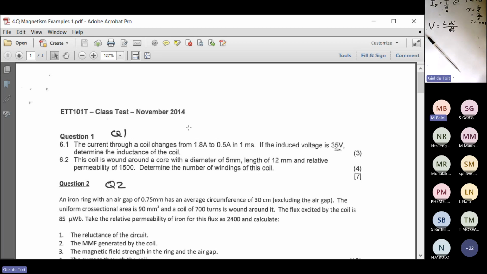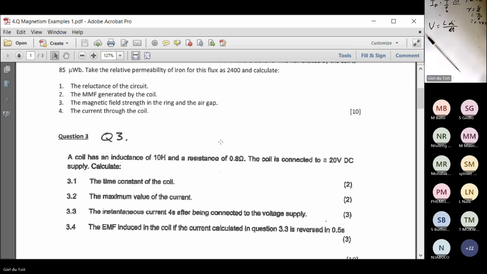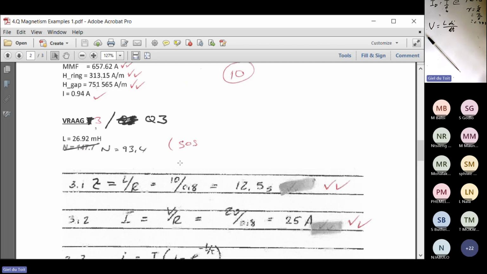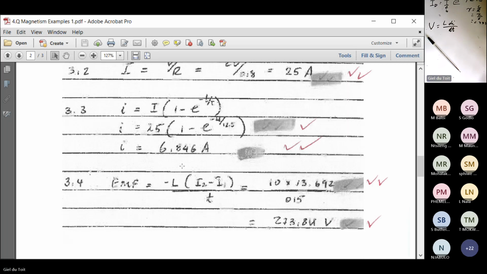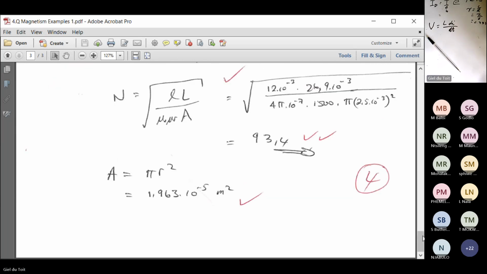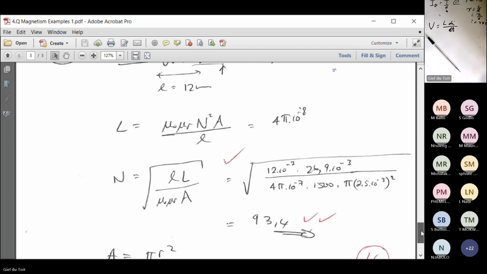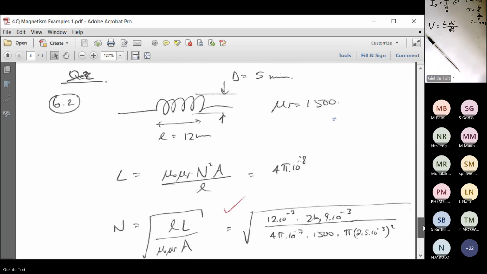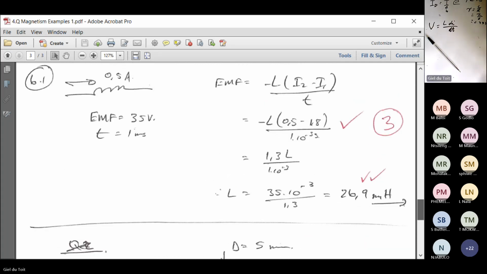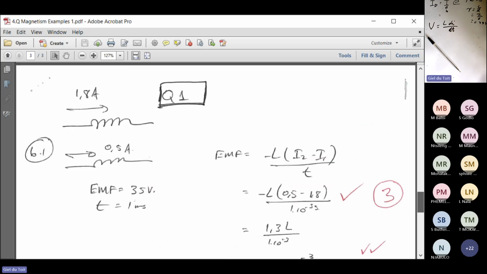Okay, let's see what it is, the inductance. I'll have to find the answer now. I've got it somewhere here hidden. Okay, there it is. We're having a current of 1.8 ampere, reducing to 0.5 ampere. So the change in current is how much?